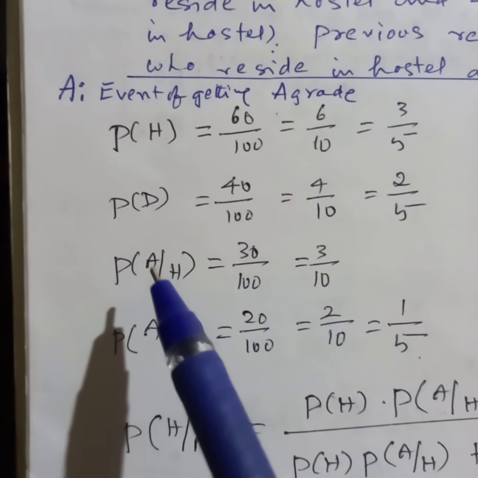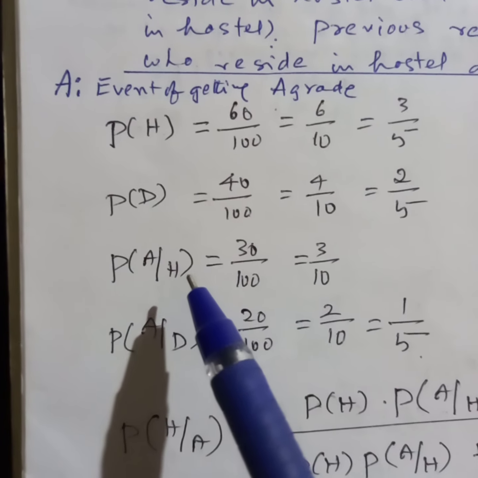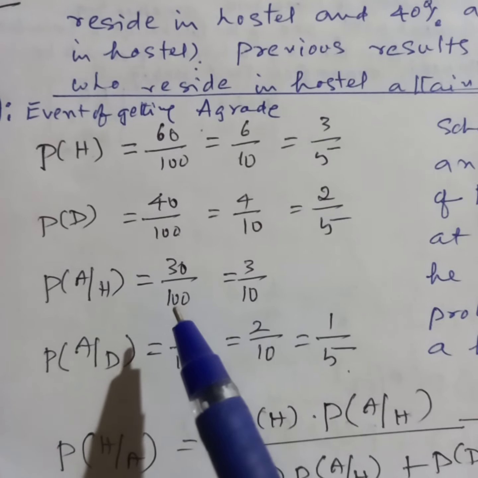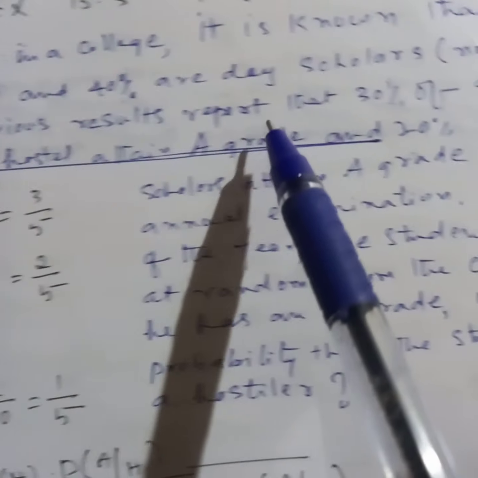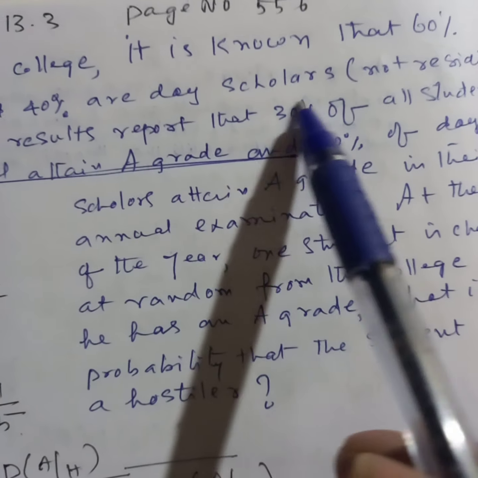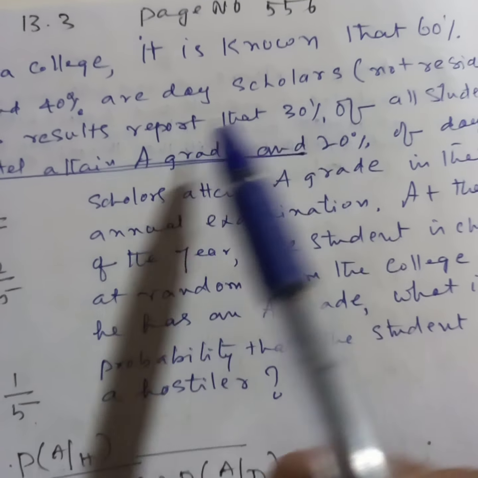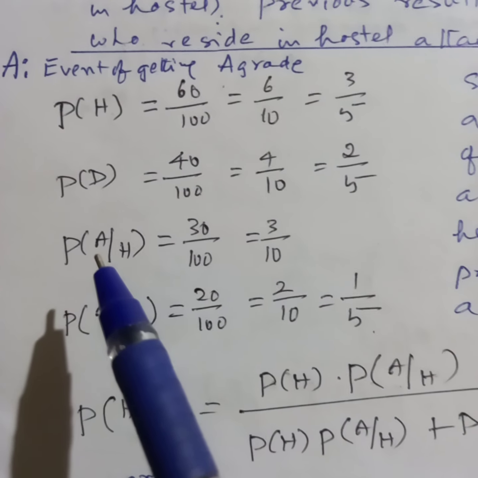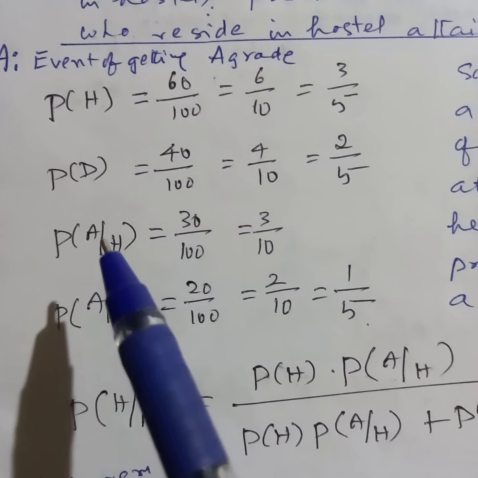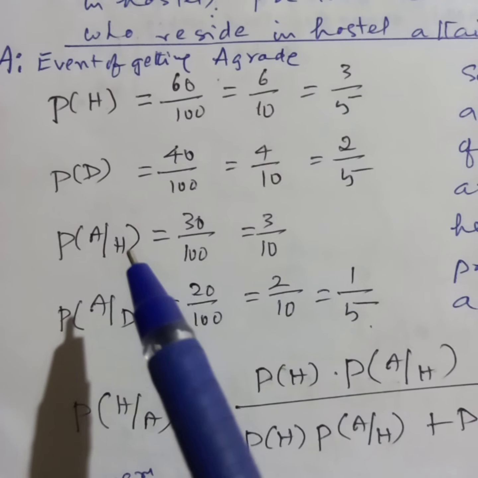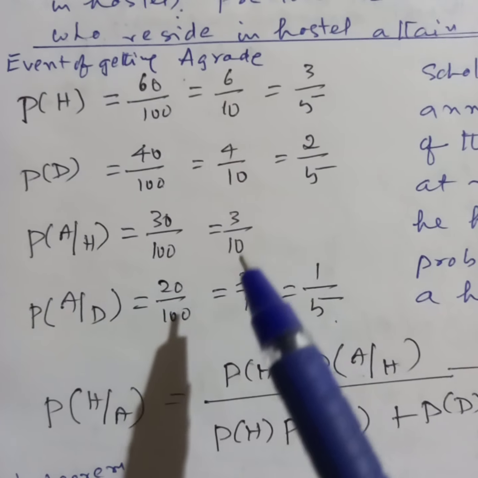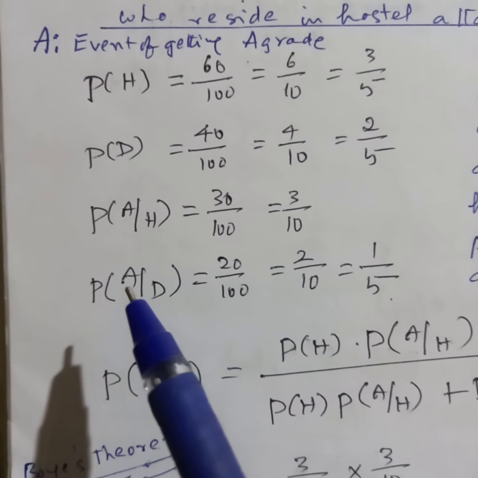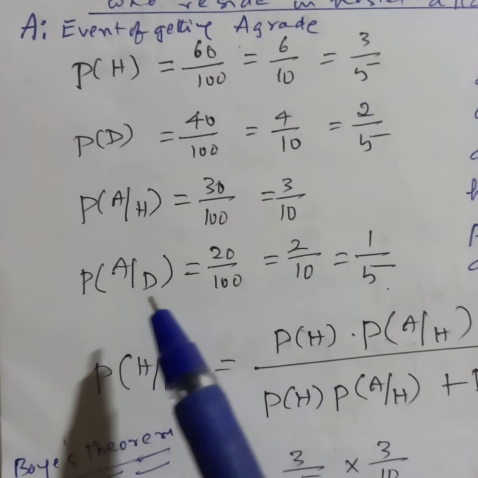Now a student has got A grade given that he is a hosteler. 30% of the hostelers attain A grade, so the probability of a student getting A grade given that he is a hosteler is 30 by 100, that is 3 by 10.